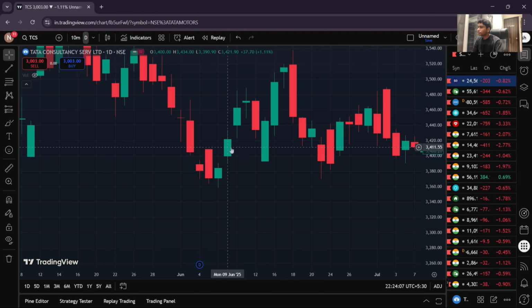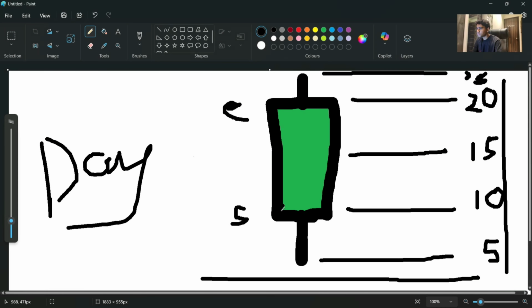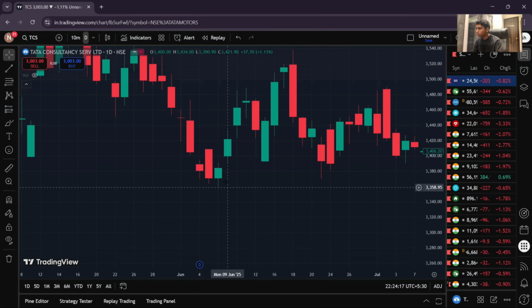Let's see if the data provided up there is the same. It says opening at 3400. It opened over here, right? This is the opening point, as I explained. Is it 3400? Correct. Then it says high 3434. Has it actually made a high of 3434?